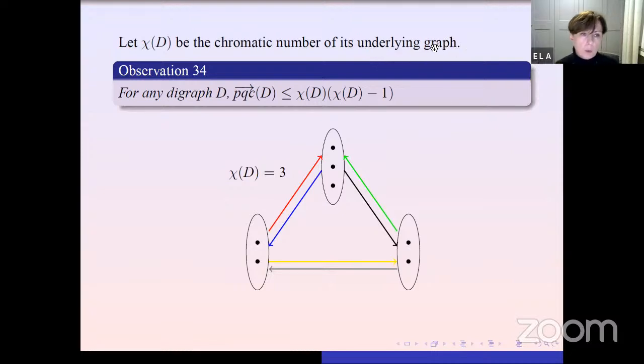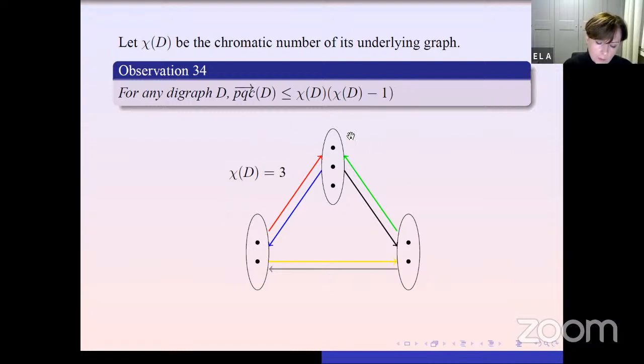In the underlying graph, we omit the arcs; from arcs we make edges, and then we obtain a graph, and the chromatic number of this graph is the chromatic number of the digraph. And we can see that the proper quasi-connection number of the digraph D is at most the chromatic number of D minus 1.